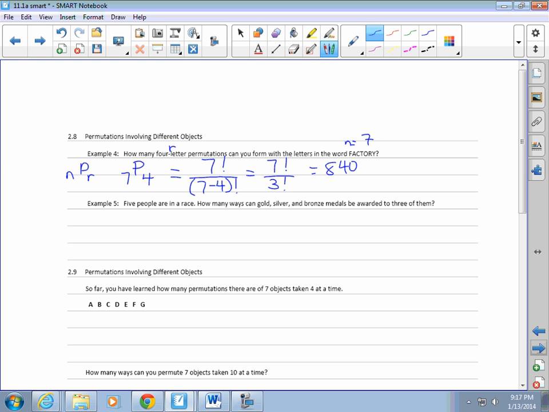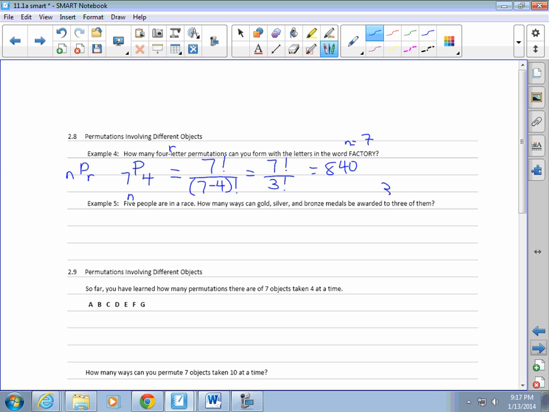So it says 5 people are in a race. How many ways can gold, silver, and bronze medals be awarded to 3 of them? So I've got 5 people, and I'm choosing 3 at a time, or 3 distinct arrangements at a time. So my n then is 5. That's my total number I can choose from.